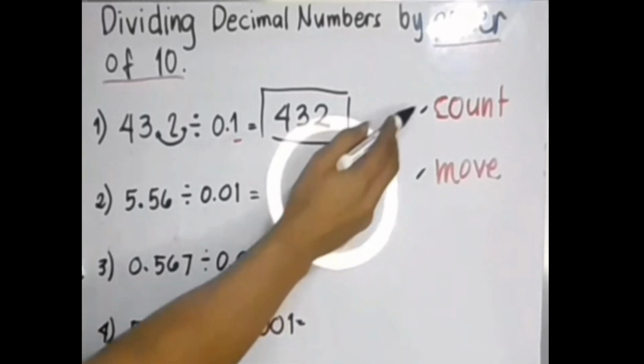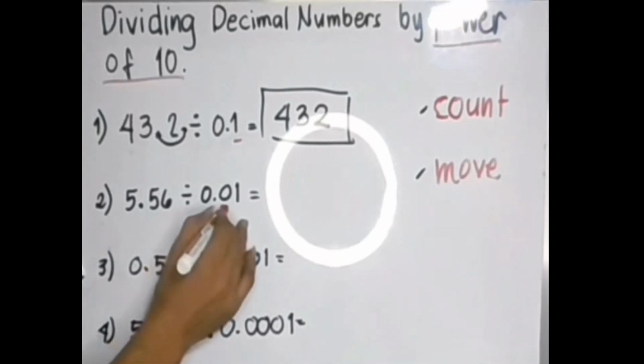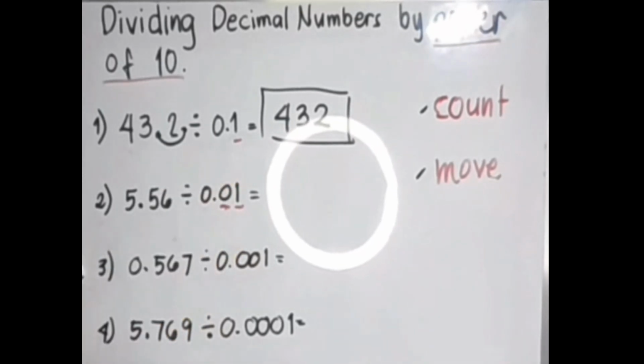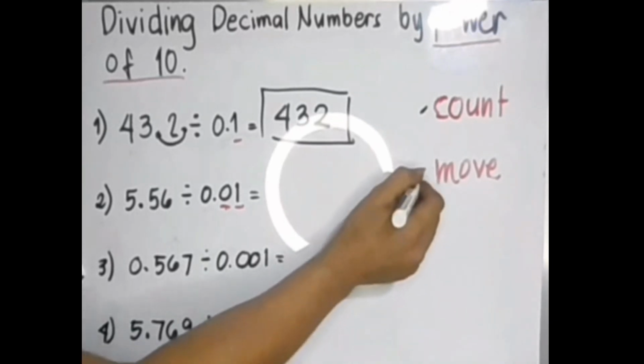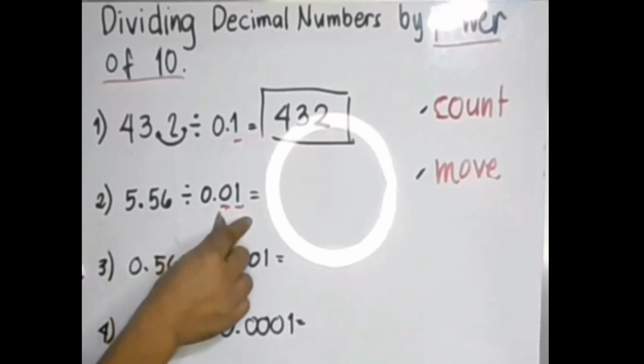Again, the first step is count. Count the number of decimal places in our divisor. How many decimal places do we have in our divisor? We have 1, 2. We have tenths and we have the hundredths. Right? Tama ba? And then, let's go now with the second step, which is move. I-move lang natin ang ating decimal places from left to right, mula sa kaliwa papuntang kanan, based from the number of decimal places in our divisor.